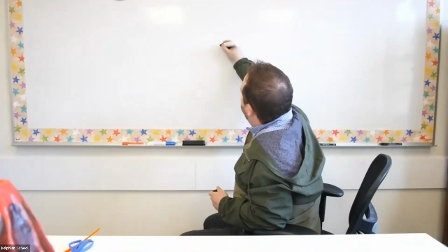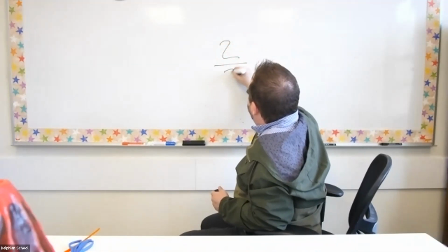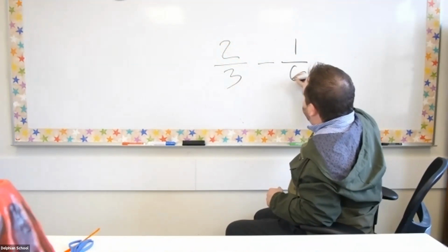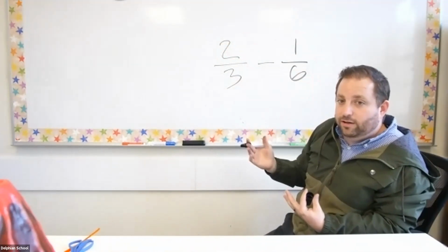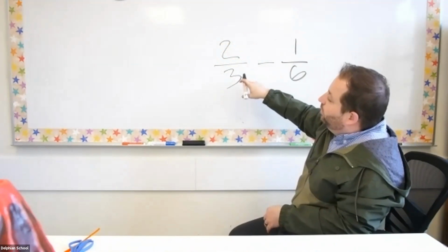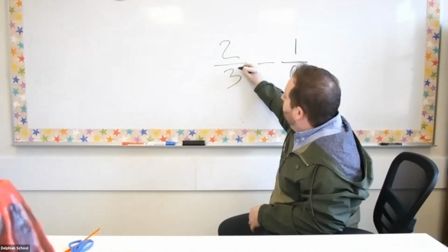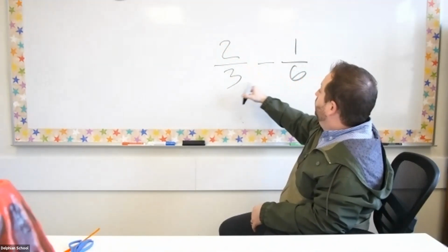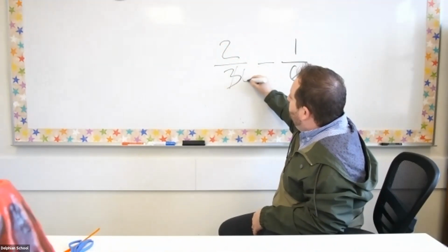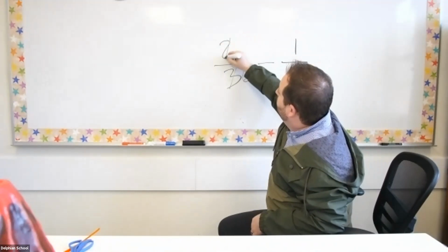All right, so let's take 2/3 minus 1/6. Do we have common denominators? No, we do not. So we got to reduce that or fatten that. I want to fatten that. So I'm going to multiply by 2, which will get me 6. So 3 times 2 is 6. 2 times 2 is 4.